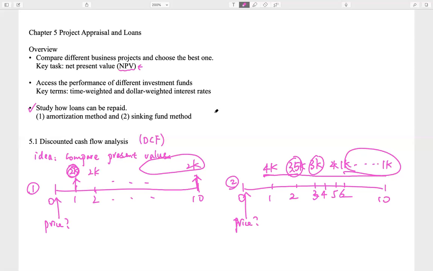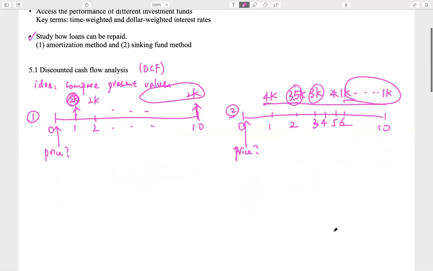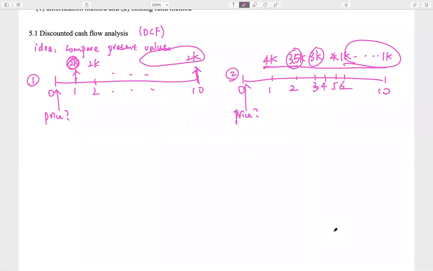So from this easy example, we can form a fundamental idea: the present value of cash inflow minus the present value of cash outflow is the net present value.